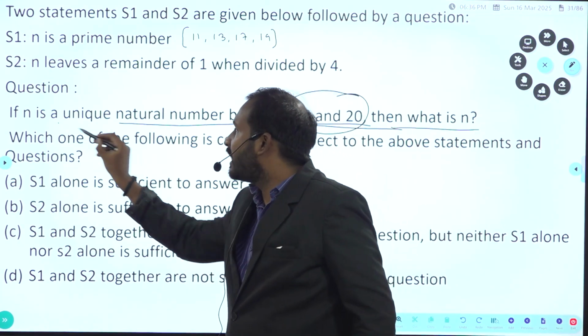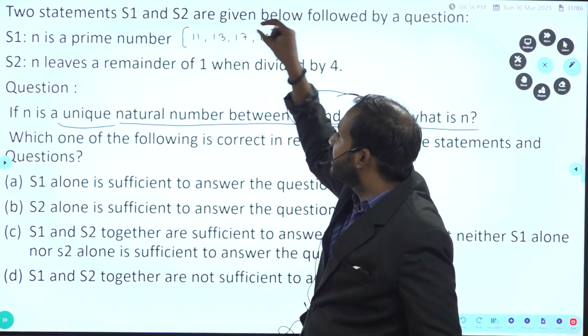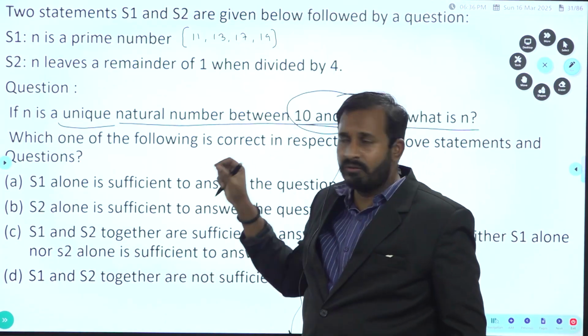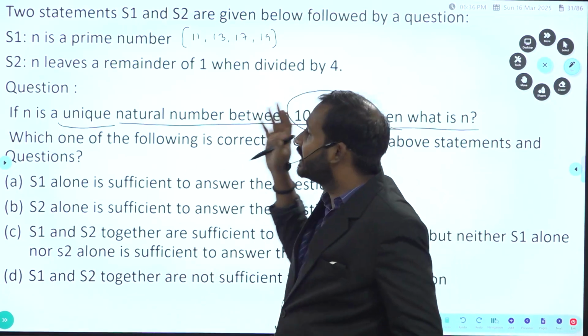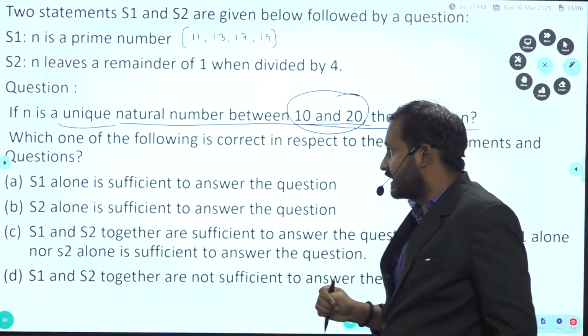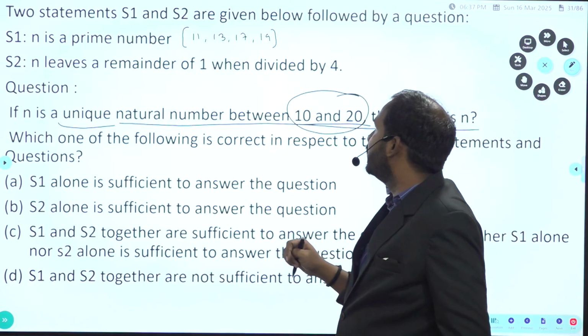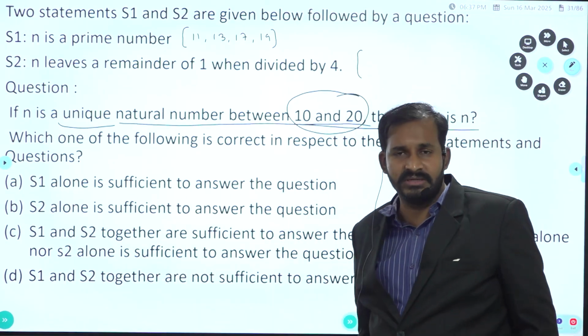Can I tell a unique answer with only statement 1? No. Why? Because with statement 1, there are possibilities for 4 numbers. Now I will see the second one. n leaves a remainder 1 when divided by 4. So now tell me, what are the numbers from 10 to 20 which leave remainder 1 when divided by 4?